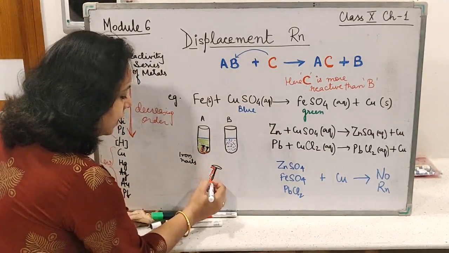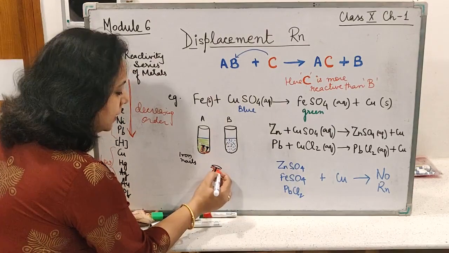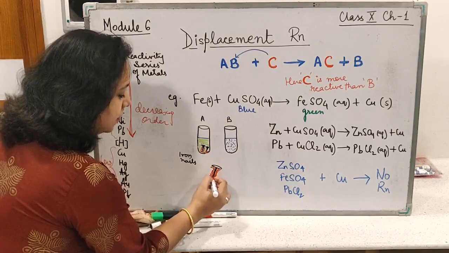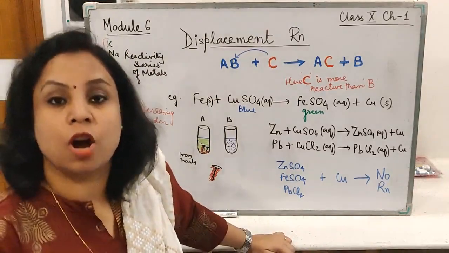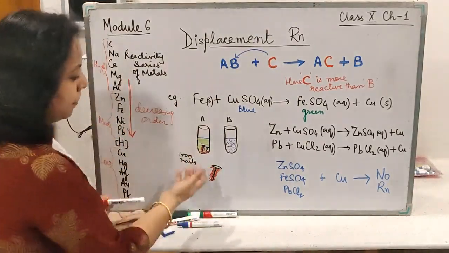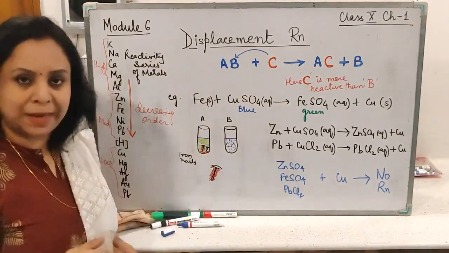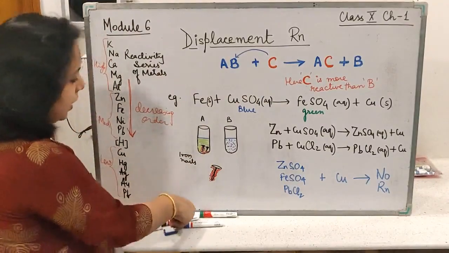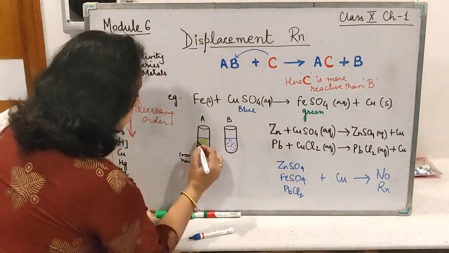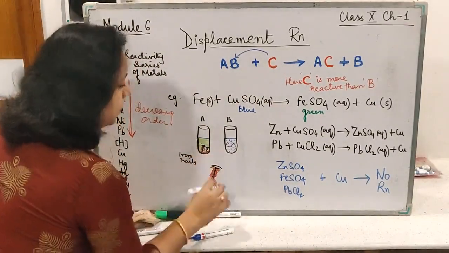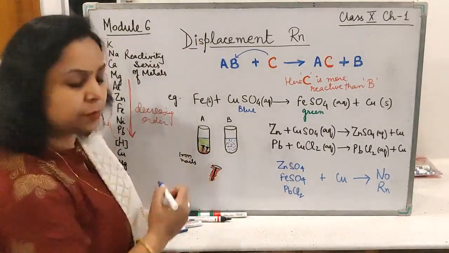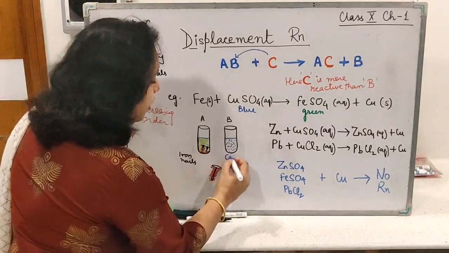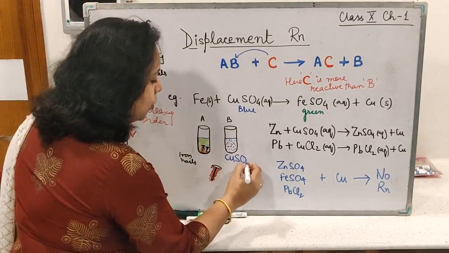We will see that the iron nail is coated with powdered copper, and some of the copper comes down to the base of the test tube also, and the test tube in which we did not put iron nails, it remained blue.